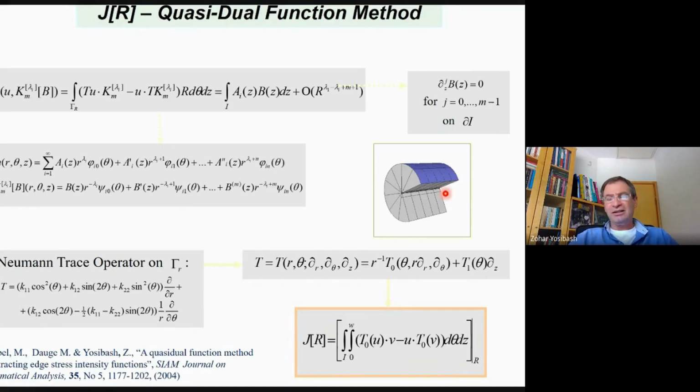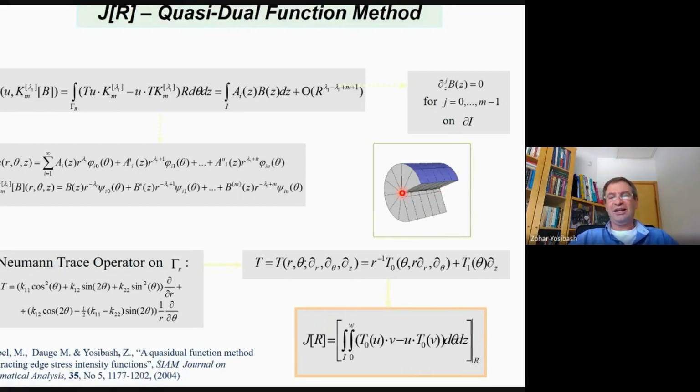As they go further away from the edge, the function they compute depends on R. So if one needs to compute the stress intensity factors or functions along this edge, then they really need to come very, very close to that edge, which means they will need a very, very fine mesh in order to resolve the singularity here.